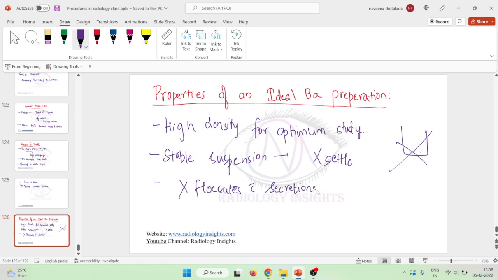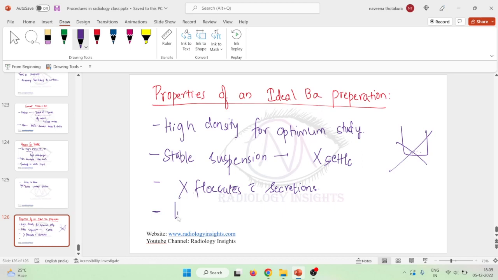If we are using it for the gastrointestinal system, we have salivary, pancreatic, intestinal and gastric secretions. We should make sure that these secretions do not precipitate the barium, so we prepare the barium in such a way that it does not flocculate with secretions.